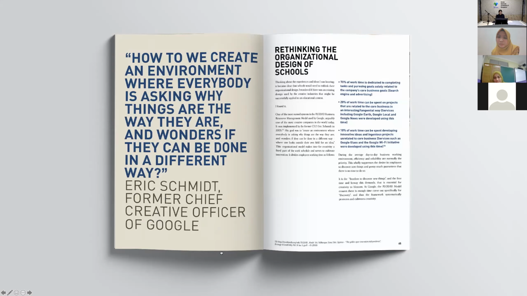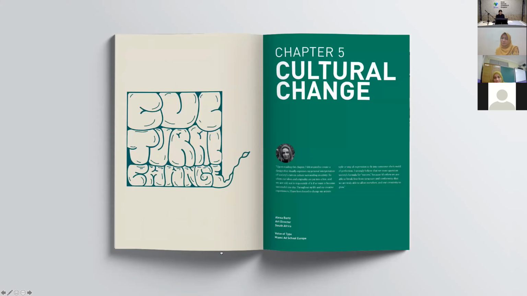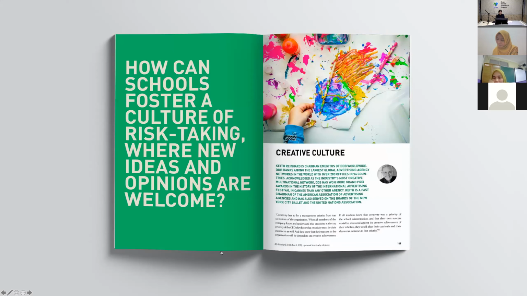And then definitely there needed to be a chapter about the cultural change, because changing methods and how we teach is the same as in change management. You need to change the culture, and there are ideas and opinions about how we could have a culture of risk-taking where you are welcome to share your different ideas.